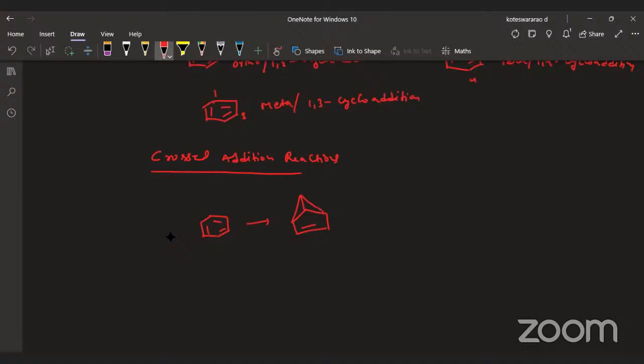Now, whenever it is involved in the reaction, it undergoes the cross-reduction reaction with the olefin, interacting with that olefin. That leads to the formation of a simple wedge.